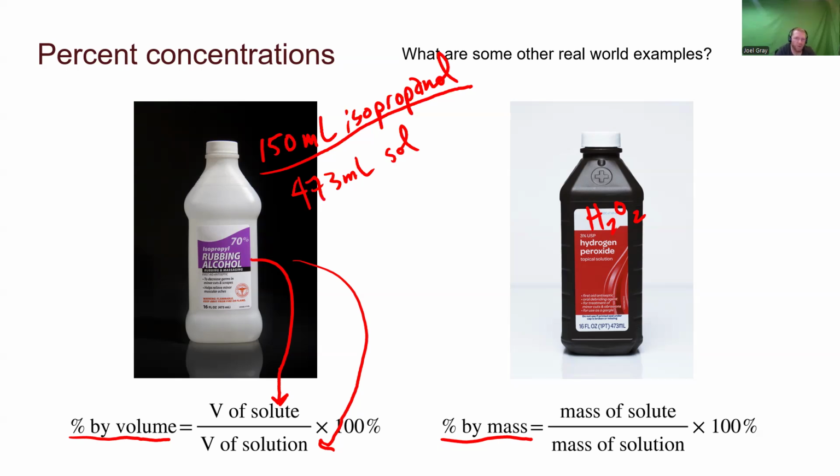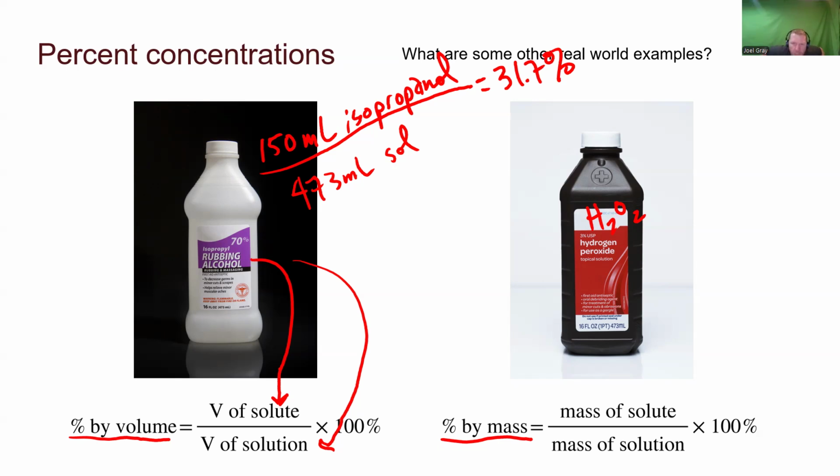We take 150 and divide it by 473, times 100 to make it a percentage, and we get 31.7%. That is the scenario when you're dealing with a solute that is a liquid.